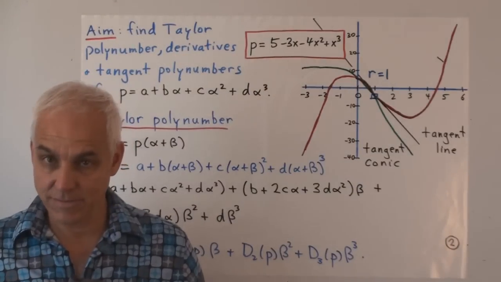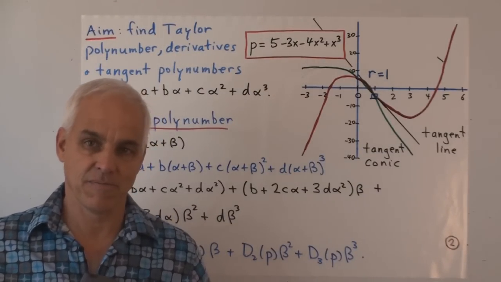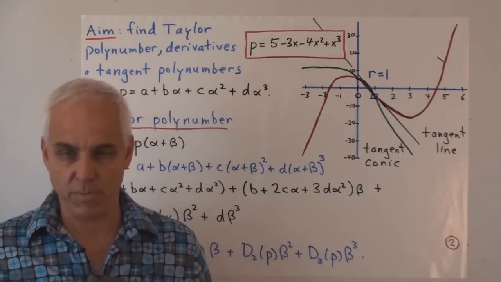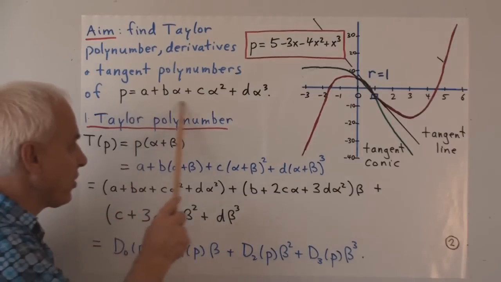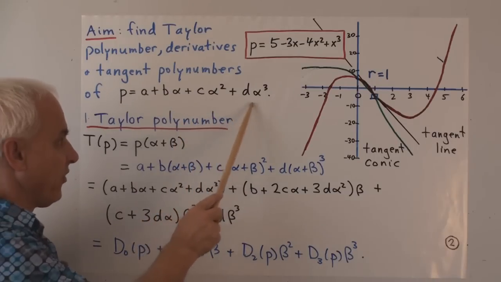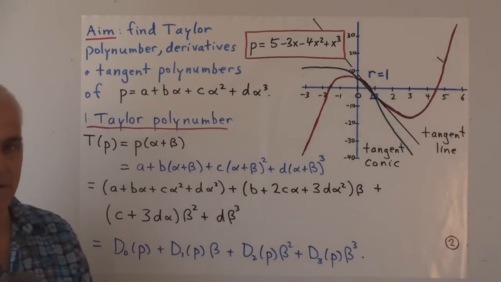So first of all, we establish some of the basic calculus constructions for a cubic polynomial. We're going to start with a general cubic polynomial, a plus b alpha plus c alpha squared plus d alpha cubed. And we're going to compute various things for it.